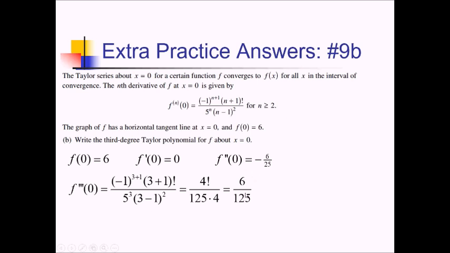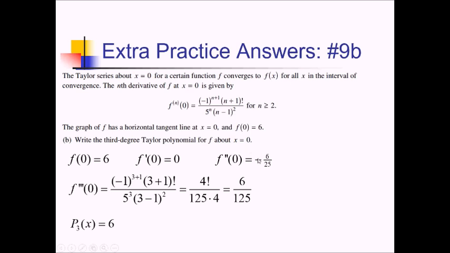Now to write out my actual Taylor polynomial, I'm going to have f of 0, which was 6, plus f prime of 0 times x. Since this is about 0, it's just a Maclaurin series, we don't have to write x minus 0. But f prime of 0 was 0, so I'm not going to write any linear term. Moving on to the quadratic term, we have f double prime of 0 times x squared over 2 factorial.